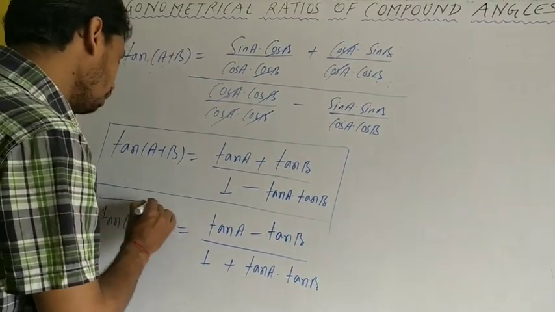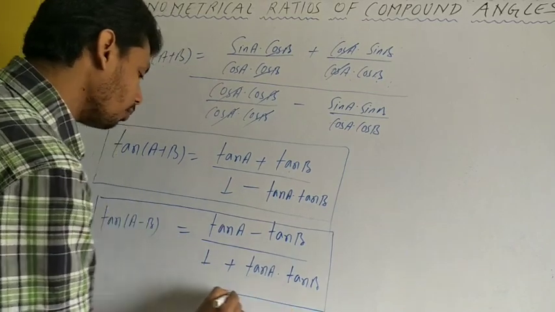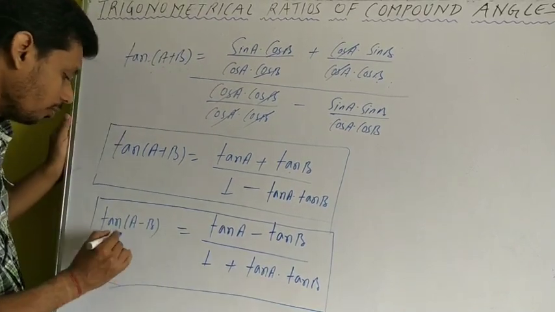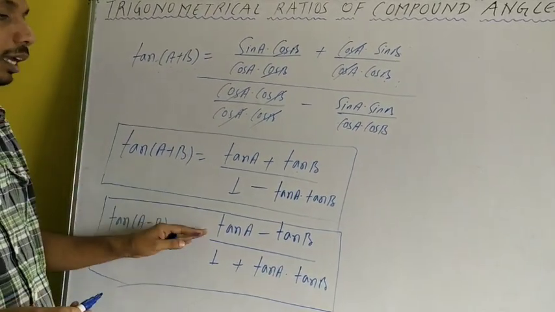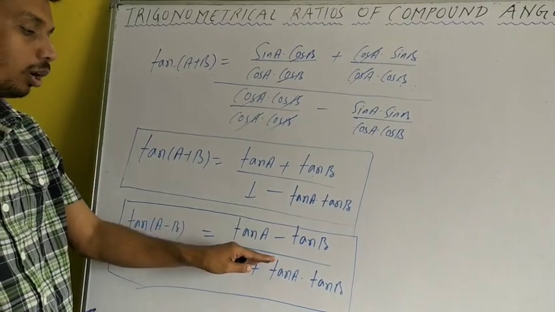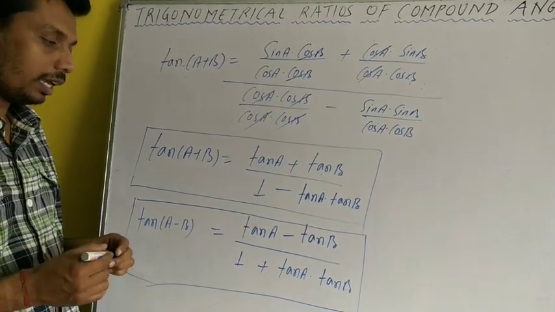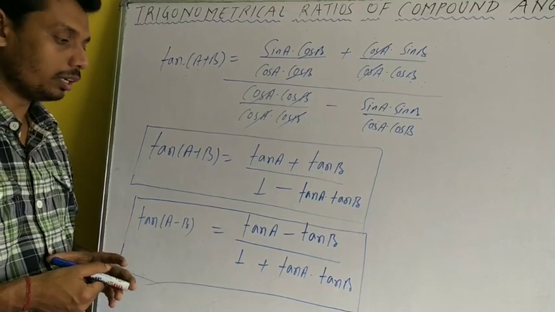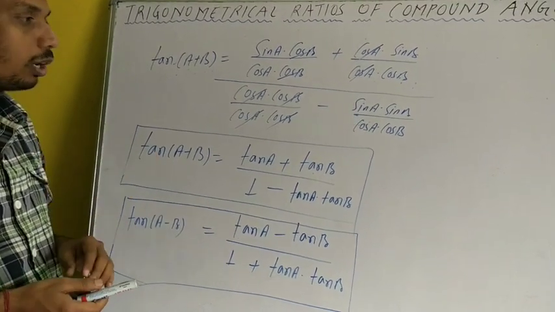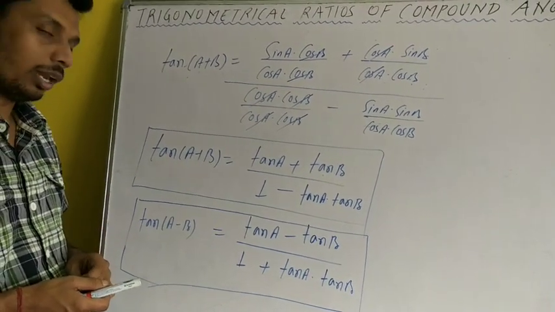So finally the value of tan a minus b is tan a minus tan b upon 1 plus tan a into tan b. So this is the formula of tan of a plus b and tan of a minus b.